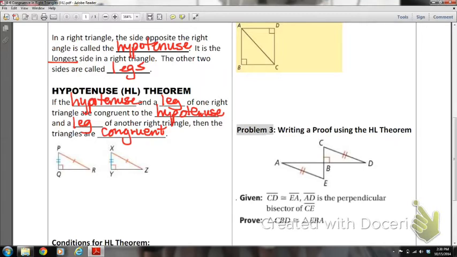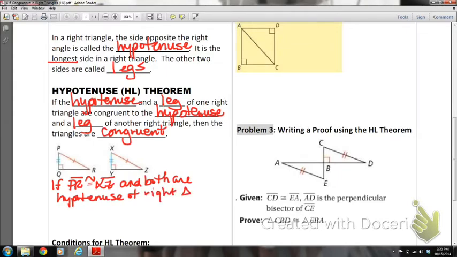So if you look at this, we see that PR is congruent to XZ, and both of these are the hypotenuse of right triangles, and we can also see from the diagram that PQ is congruent to XY.